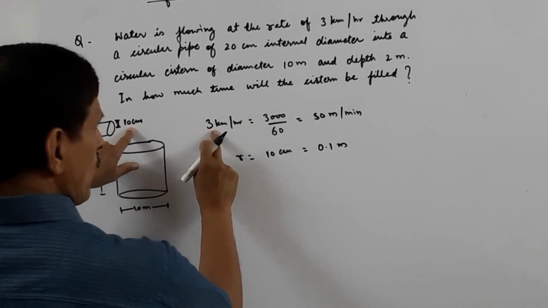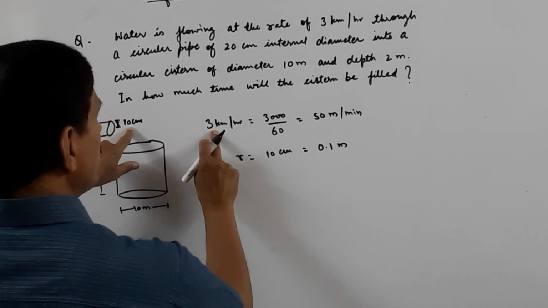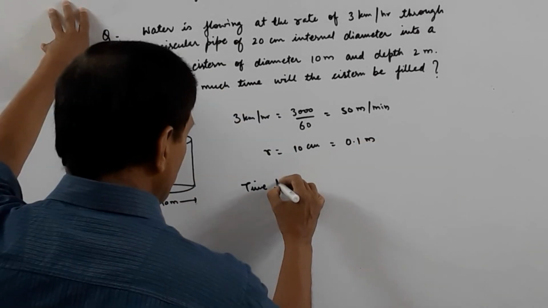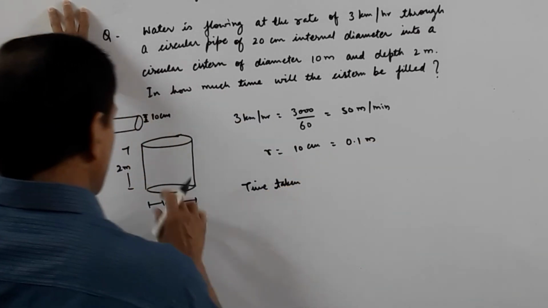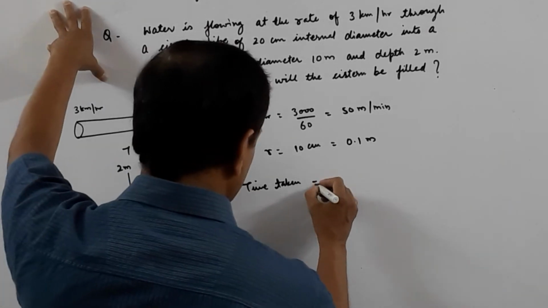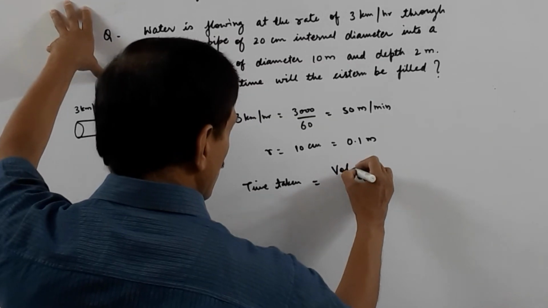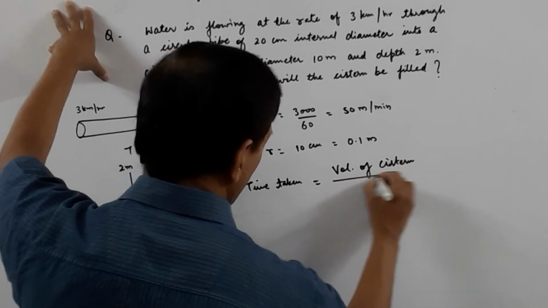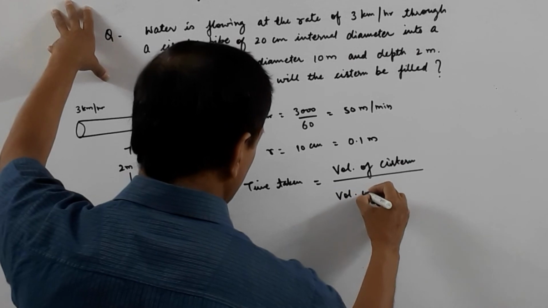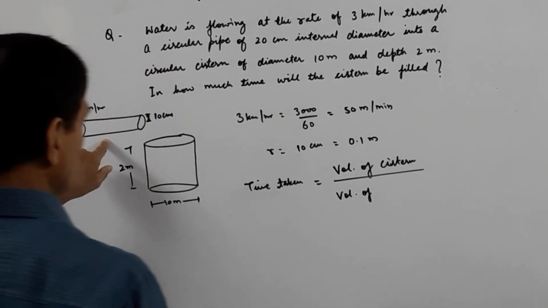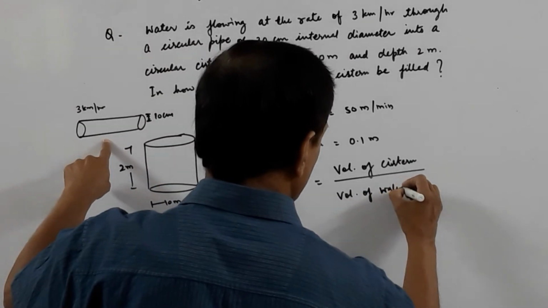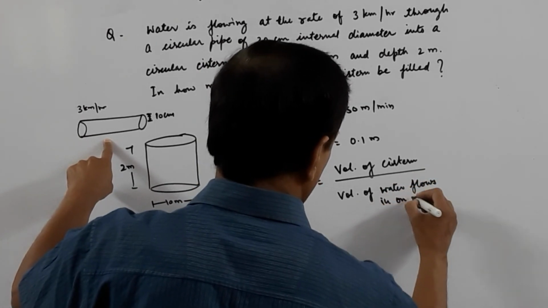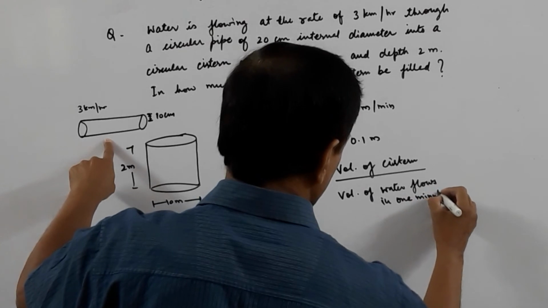So this rate of flow will give you the height of the cylindrical pipe. Time taken in filling the cistern is equal to the volume of the cistern upon the volume of water that flows in 1 minute.